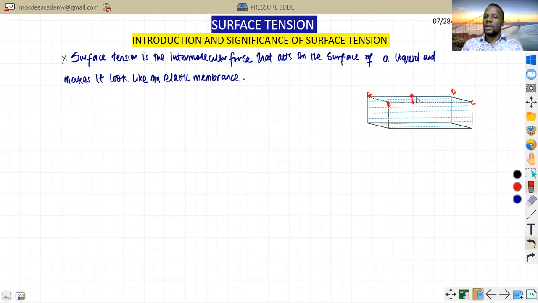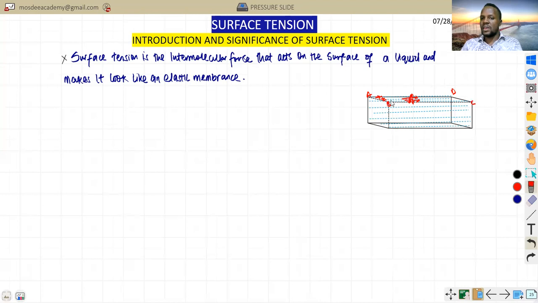Some are outward, and some are coming towards here. Between this hypothetical line, the forces act in the direction normal, or perpendicular. But if we consider the edge of this cube, the force will only act in this direction.